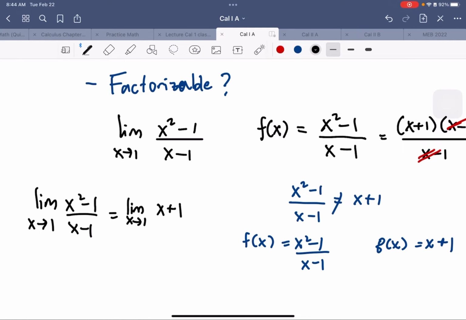So that's how you understand the limit. If you think in terms of functions, they are different functions. But in terms of limit, when we evaluate as x approaches 1, they have the same finite value L. Or in our case, this will be the same as 2.